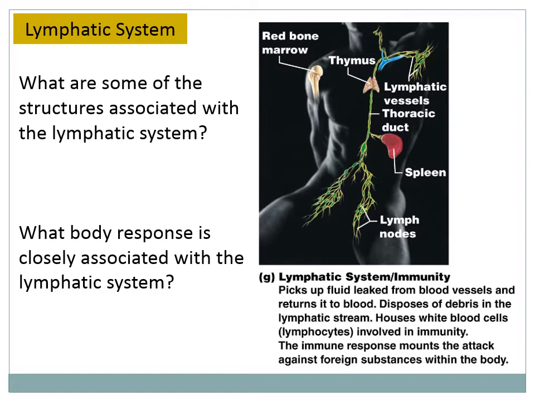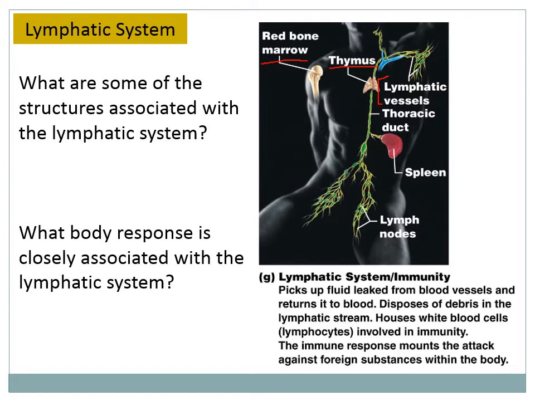All right, so if you took a look at that down there and you read the description, you take a look at the picture on top of that description, we can see that there are some associated structures that the lymphatic system has. So some of the structures associated with the lymphatic system are things like our red bone marrow here, our thymus, we have lymphatic vessels.